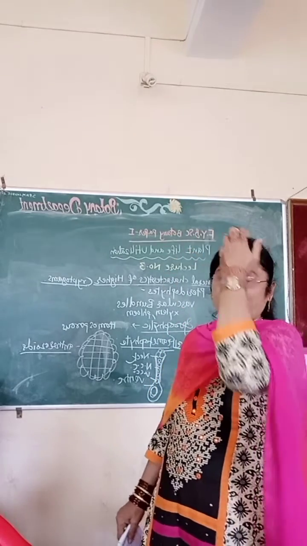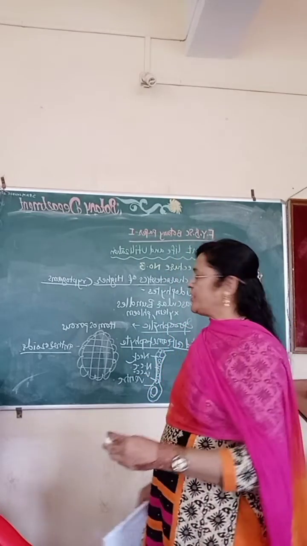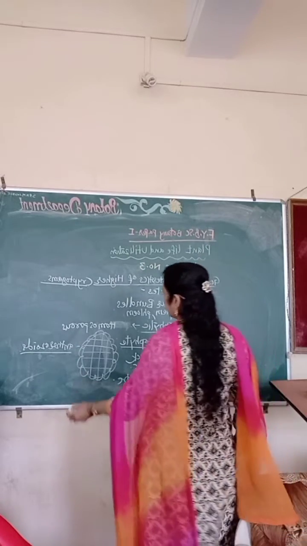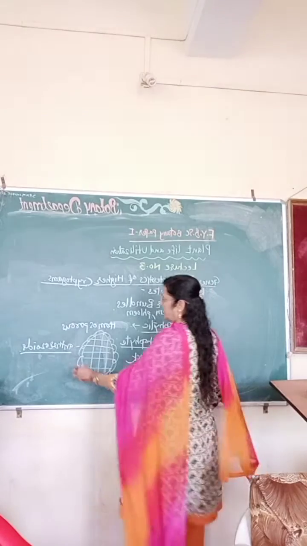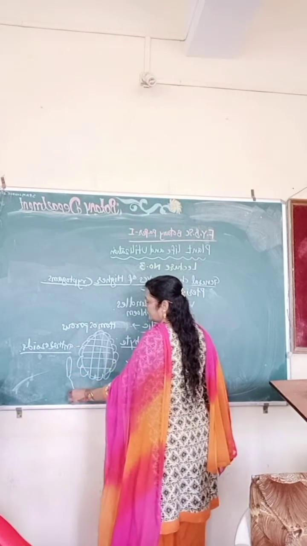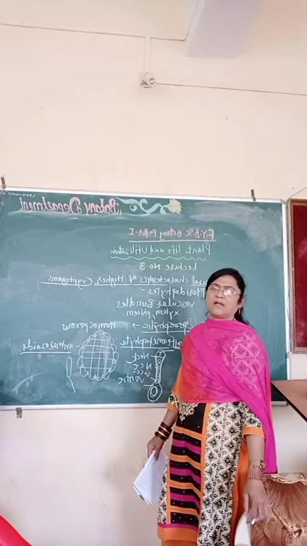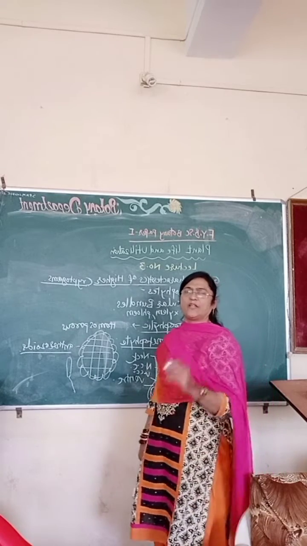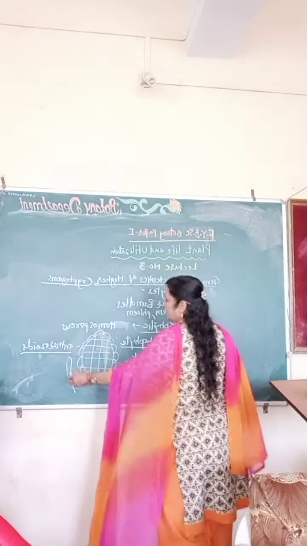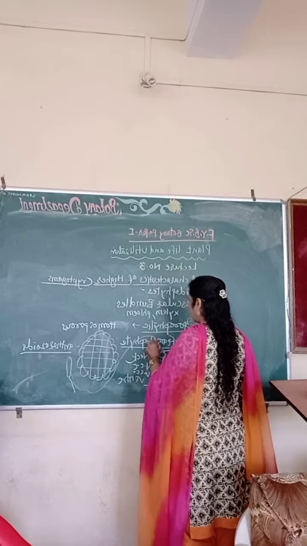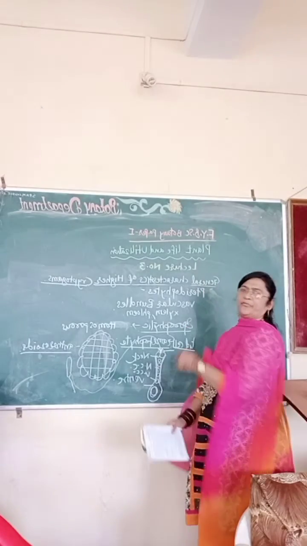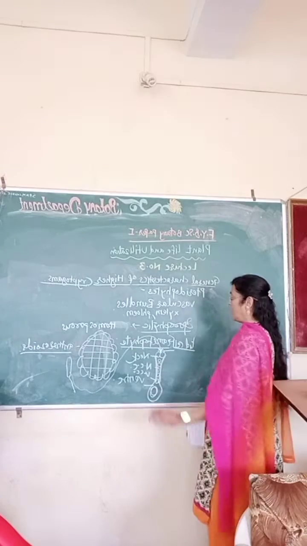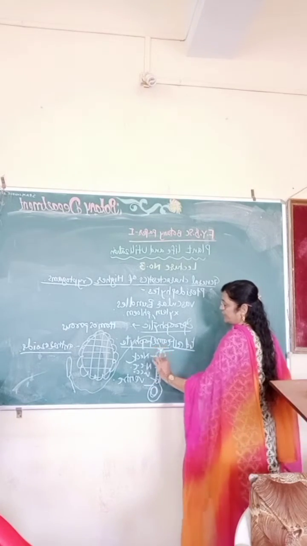At the time of maturity or fertilization, water is necessary for this fertilization. The anthrozoids sometimes have a single flagellum, sometimes two flagella. They swim in water and reach the female gametophyte, the archegonium.